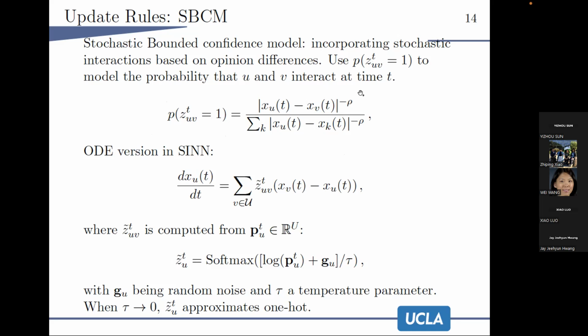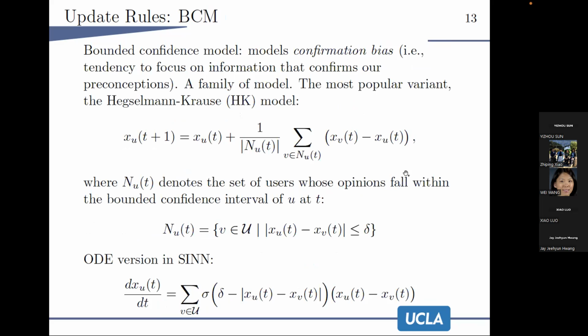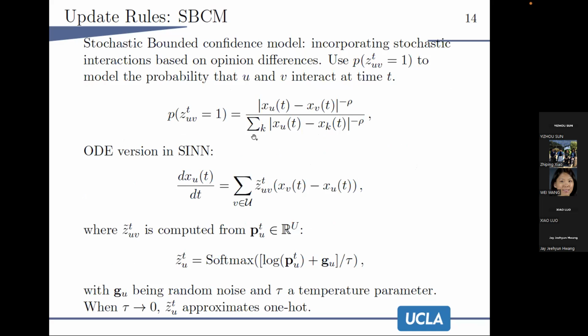This is used to model the probability that u and v, these two users, interact at time t. The reason why we call this a stochastic bounded confidence model is that the previous model says everyone is interacting all at once, like everybody is interacting together. And this SBCM model allows you to select to interact with only a subset of users quite easily.